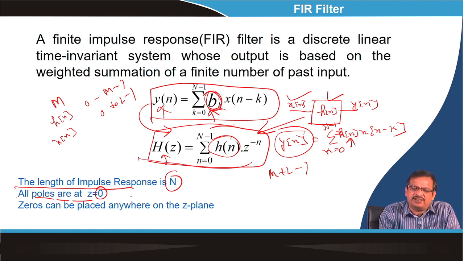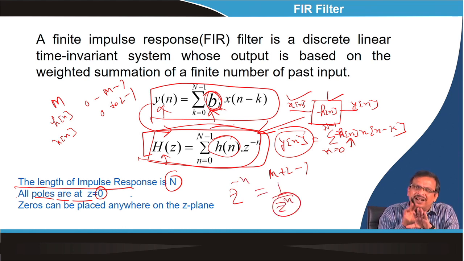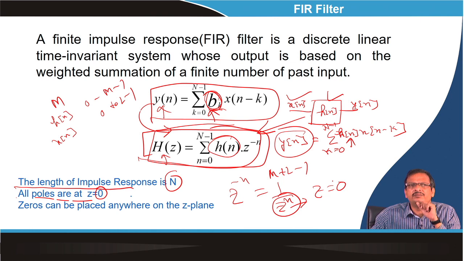This is the property of this Z transform. I can say all poles are located at z equal to 0, because the solution of z to the power n is z equal to 0. There may be n number of poles, but all are at the origin, and zeros can be placed anywhere because only 1 by z to the power n is there. This is the z domain response of the impulse response of an FIR filter.